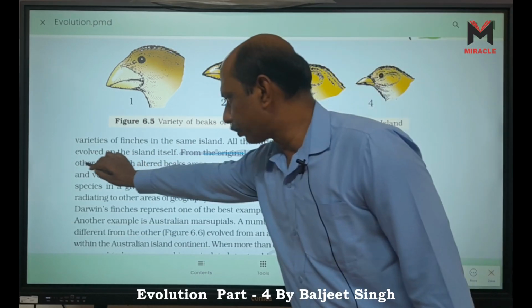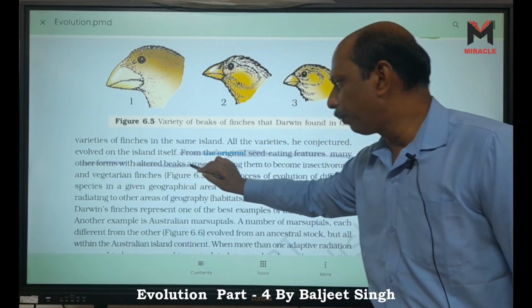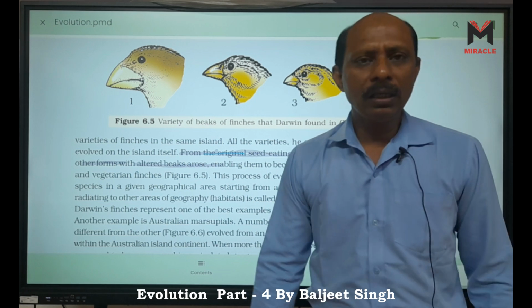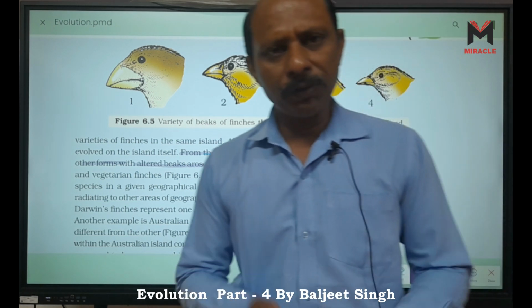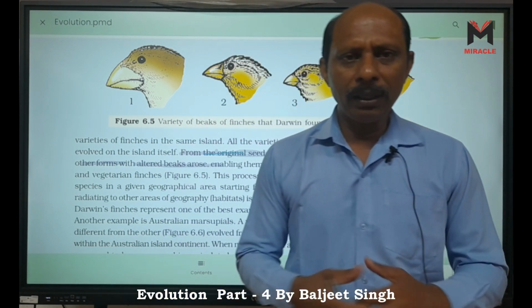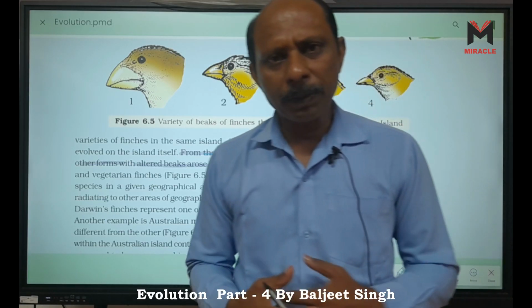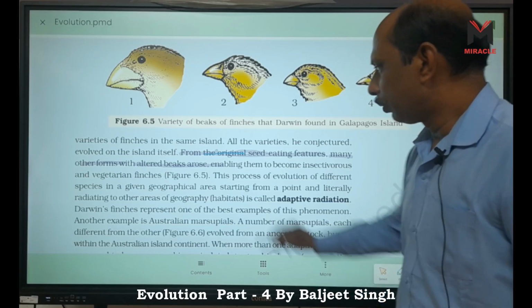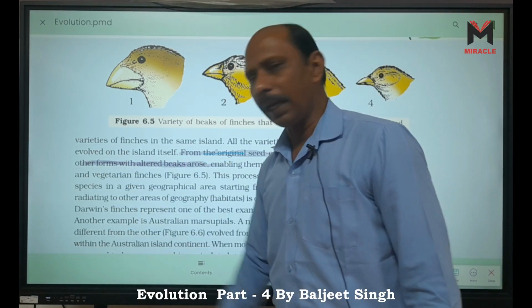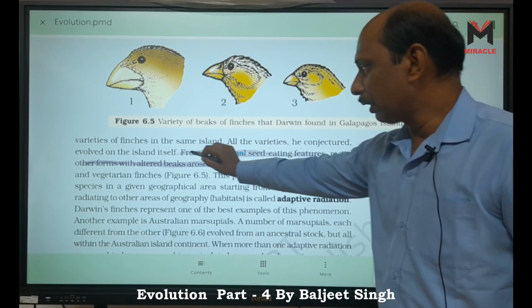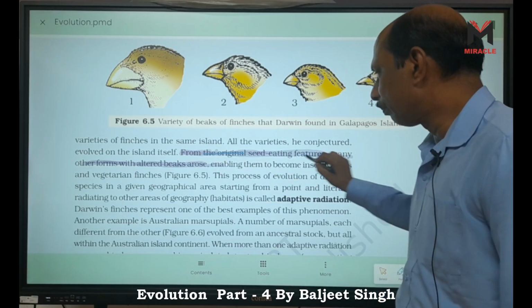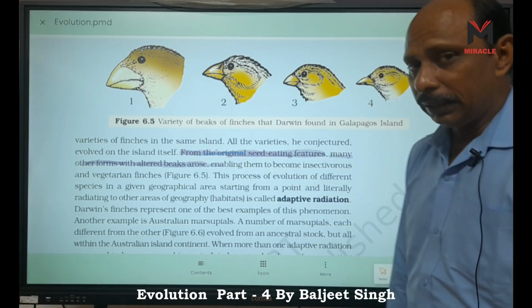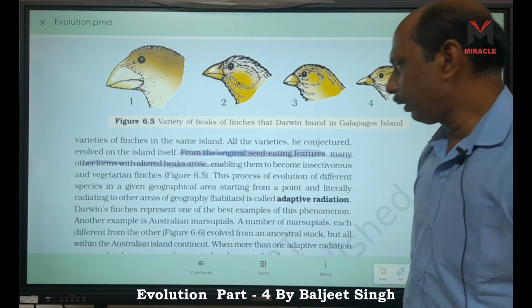Many other forms had altered beaks. Why altered beaks? Because in their specific habitat, according to the availability of food, their beaks changed, right? So different types of beaks arise from the single original seed-eating beak. That's why it is called divergent, right?